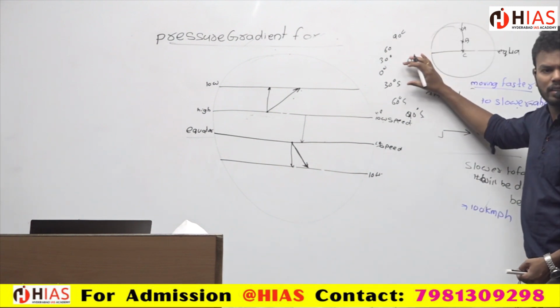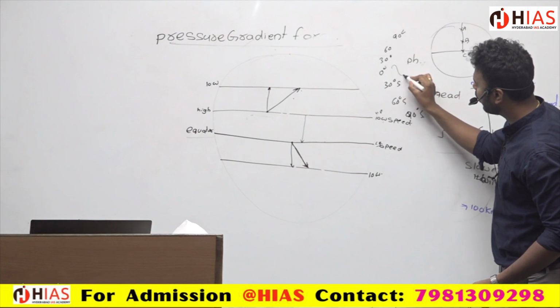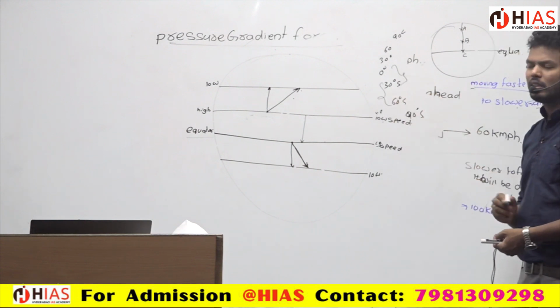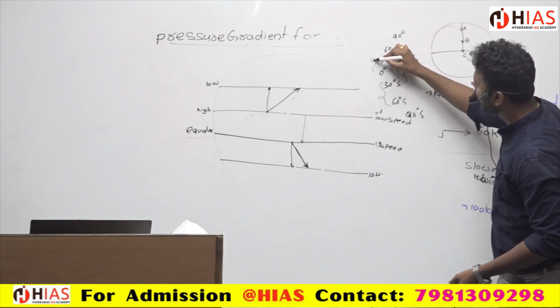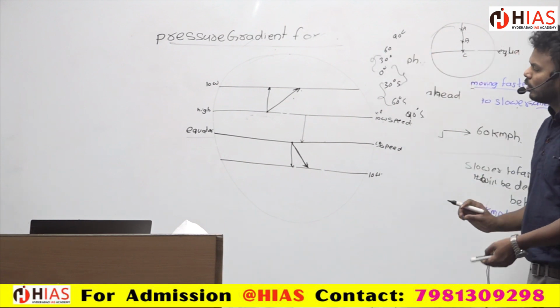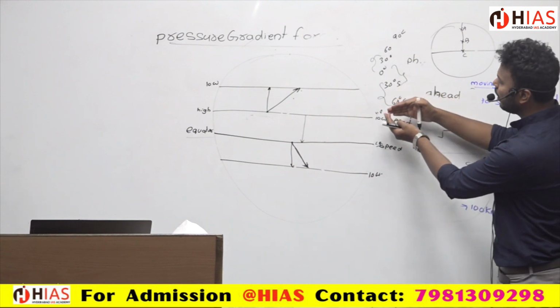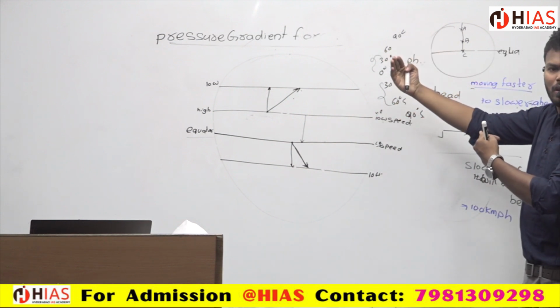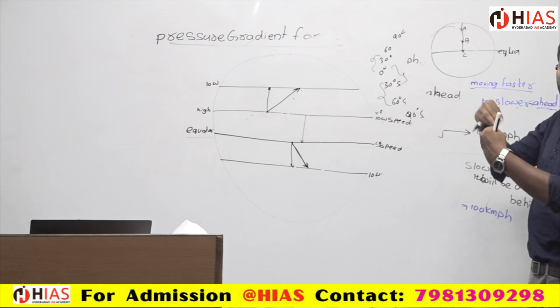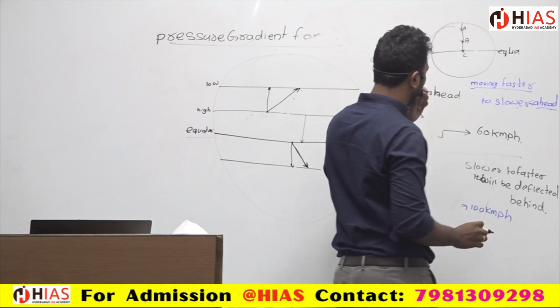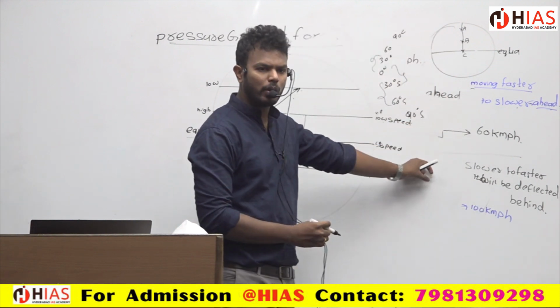We will be comparing between 0 and 30 degrees, or 30 and 60 degrees, on the north side. Everywhere we have to keep in mind whether it is traveling from speed to slow, or slow to speed, whatever it may be.